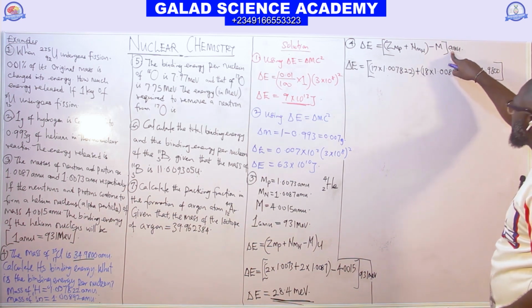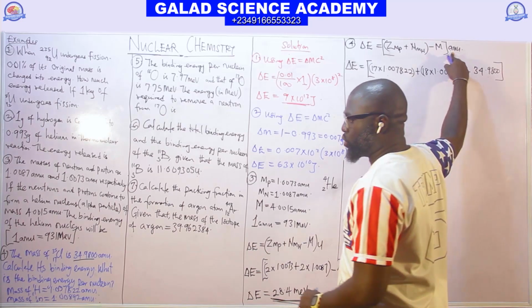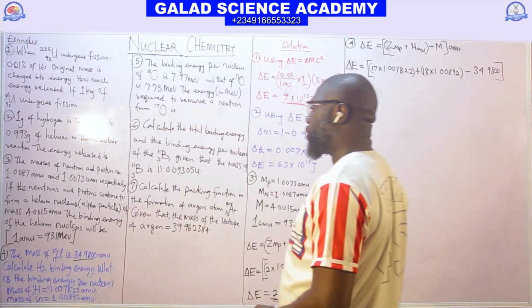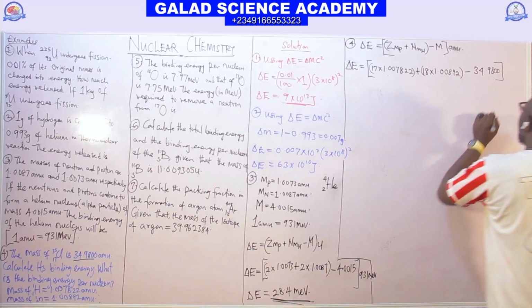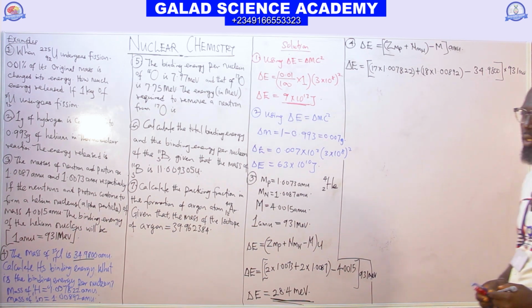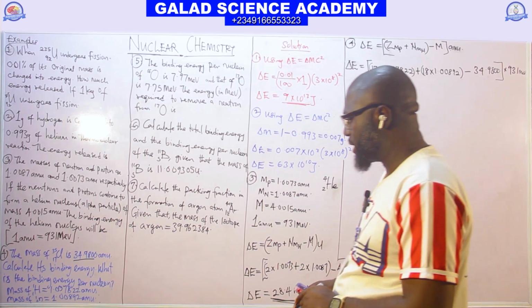And this AMU is equal to 931, so multiply by 931 MeV. That should be the binding energy.